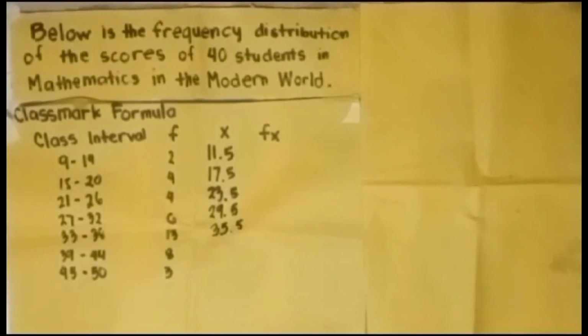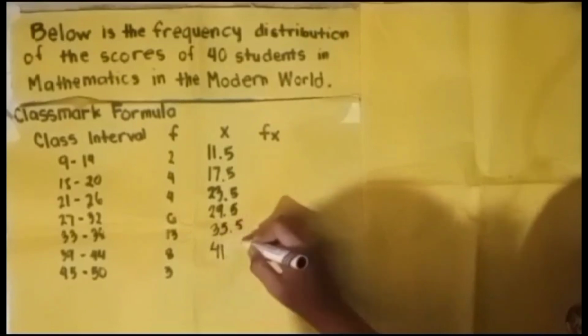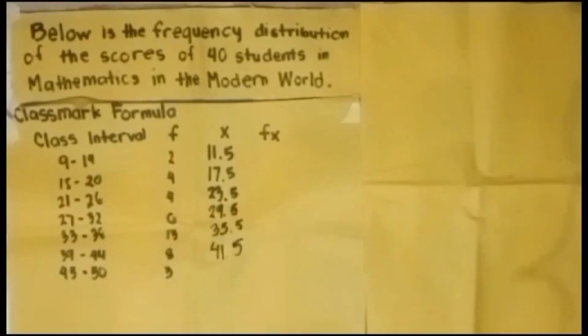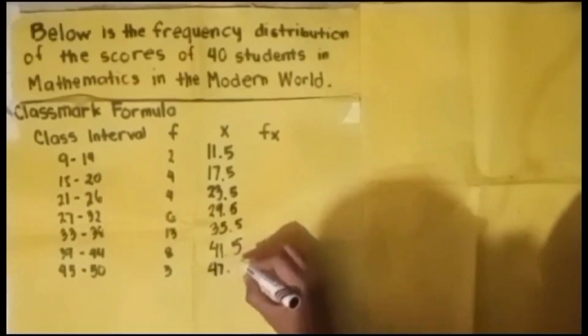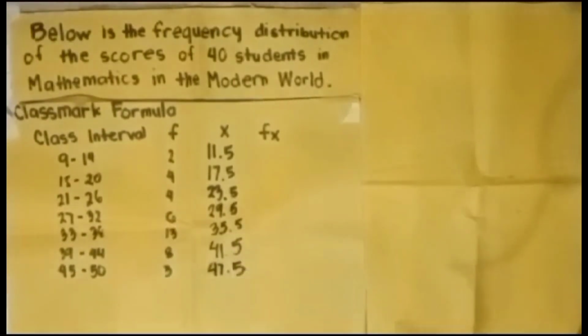Next is 39 plus 44, divided by 2, to get the answer of 41.5. And lastly, we need to add 45 plus 50, divided by 2. The answer will be 47.5. So this is the answer for our x.